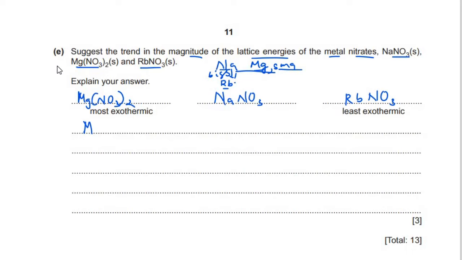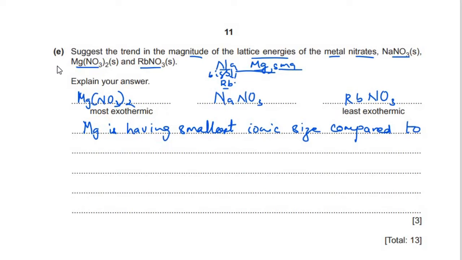So as magnesium has the smallest ionic size compared to sodium and rubidium, magnesium, that is Mg2+, has the highest charge density.